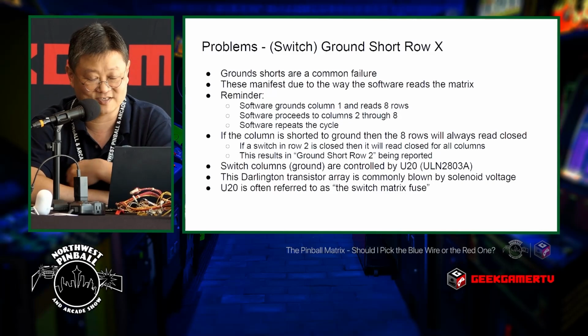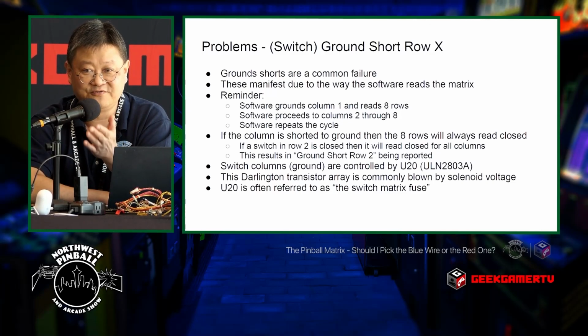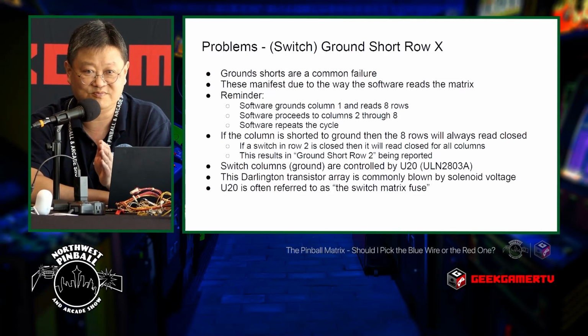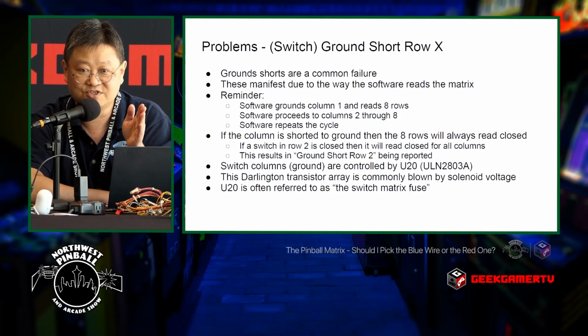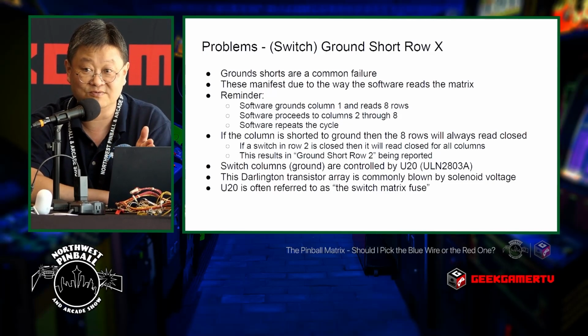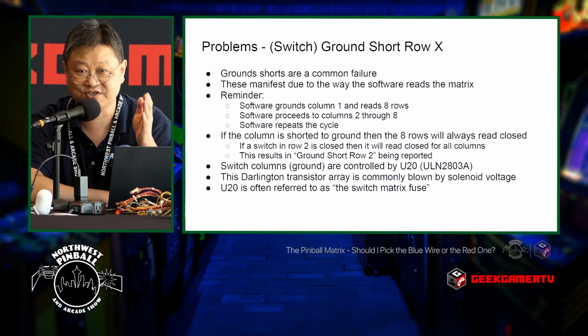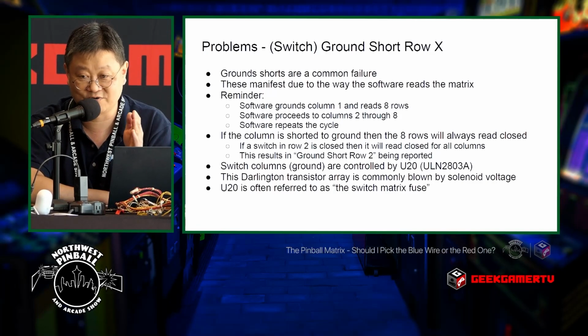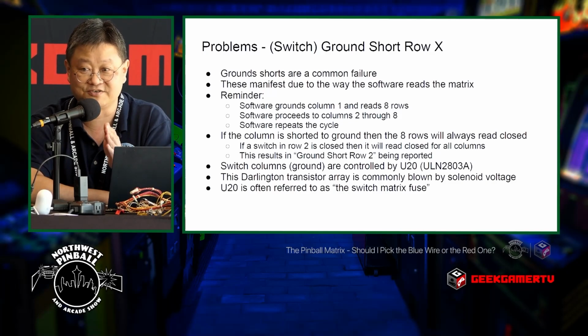So here let's take, for example, ground 4 is permanently shorted. It's always shorted to ground. But switch 1-4, column 1, row 4 is closed physically. Software says ground column 1, read the switch. It reads as closed. Turns the ground off column 1, says now ground column 2. It tries to read the switch.